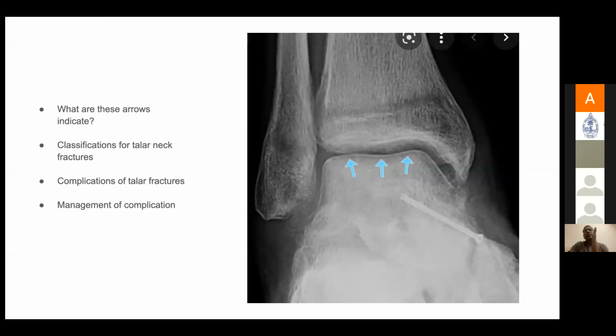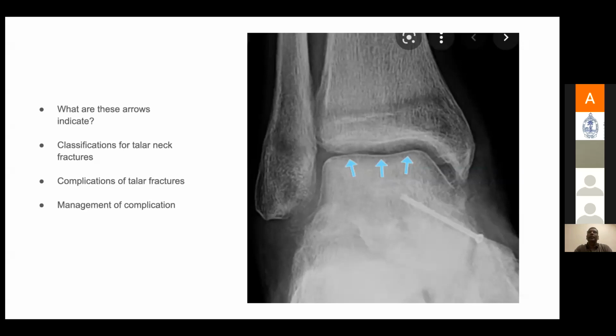So Hawkins sign is described in which type of talar fractures? Is it head fractures, neck fractures, or body fractures? Talar neck fractures. Good. So can you classify the talar neck fractures? There are different types.